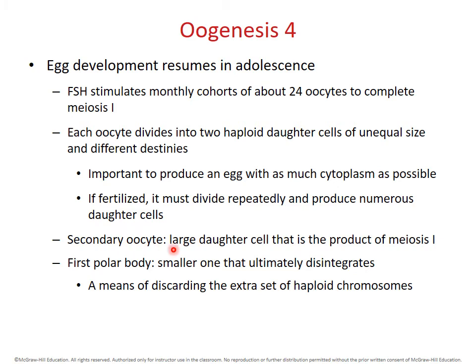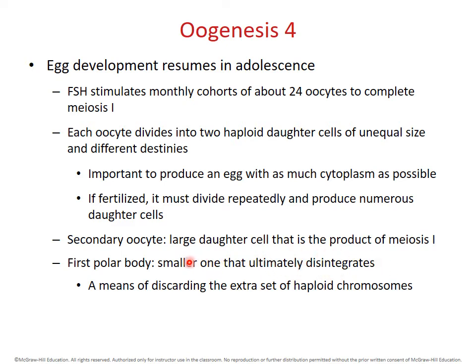The secondary oocyte is the large daughter cell produced at the end of meiosis 1. The second cell is referred to as a polar body, and this is a very, very small cell, essentially a nucleus with a thin coating of cytoplasm around it. And this polar body is not a functional gamete. It is too small, and it ultimately just disintegrates.